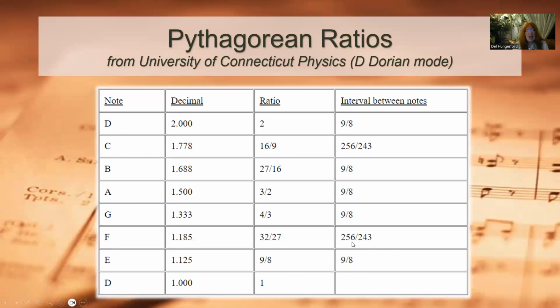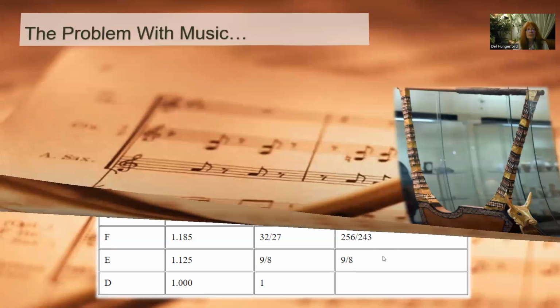You're noticing that F and C have an interesting ratio right there. Well, it's because they're not necessarily in the key of D. Dorian, they might be, but if you were to change that to a C sharp and this to an F sharp, which is in the key of D, that ratio would change. Just throwing that out there.